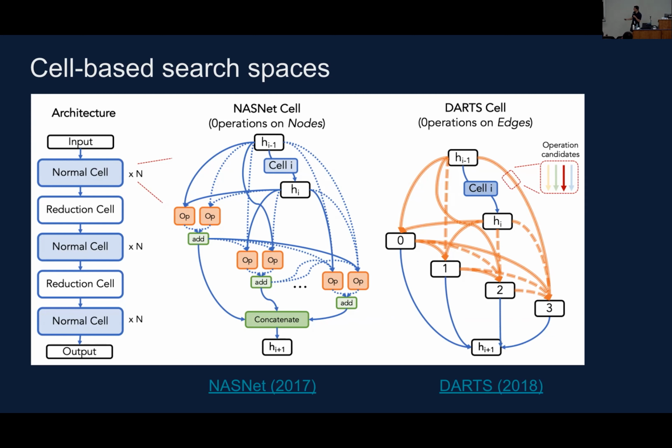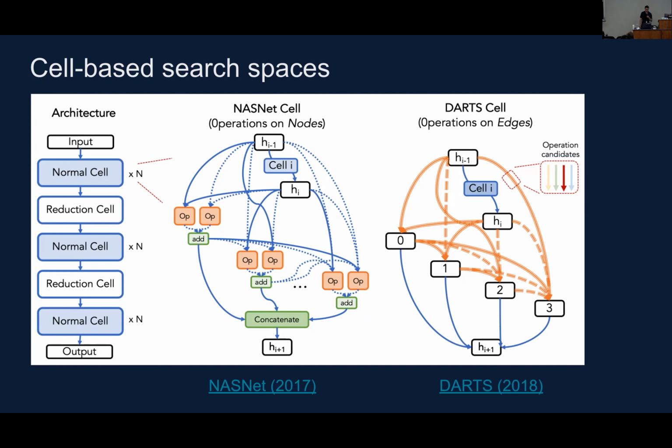The image here is two popular cell-based search spaces. There are a couple of ways to do it. We can define the nodes or the edges of the graph as operations. Different work does both methods, and then we search over the operations for each location an operation is at, and also search over what sort of connections there are between the nodes.